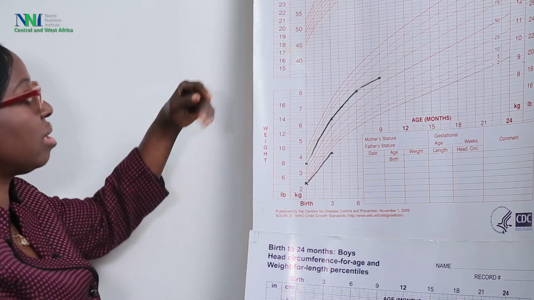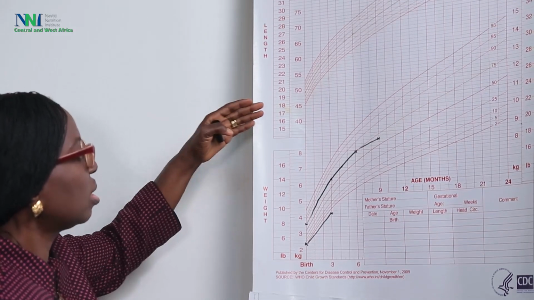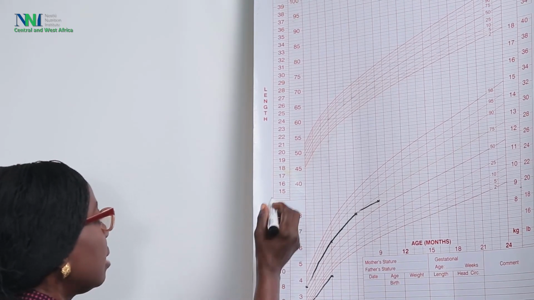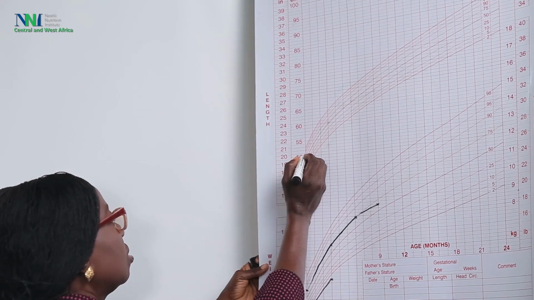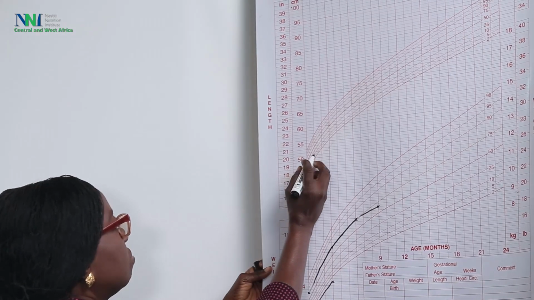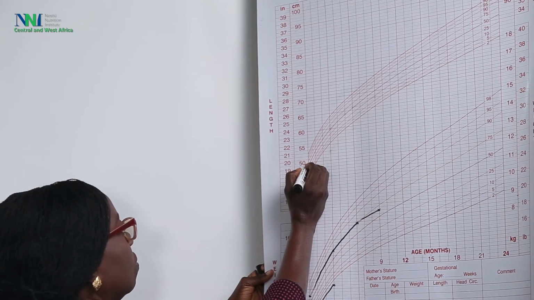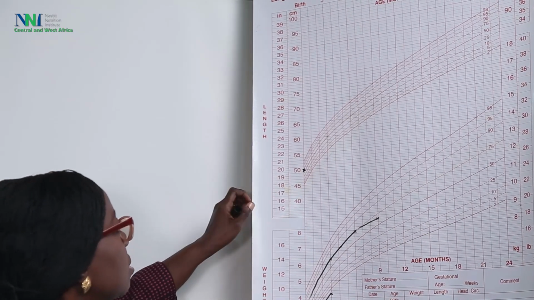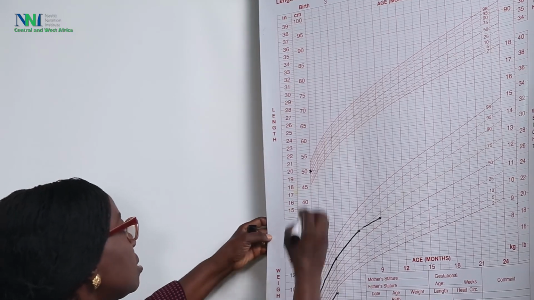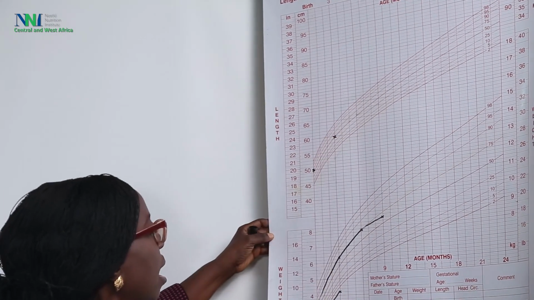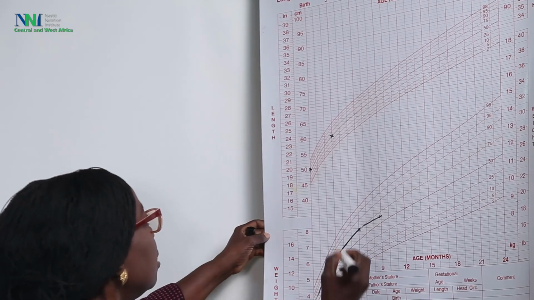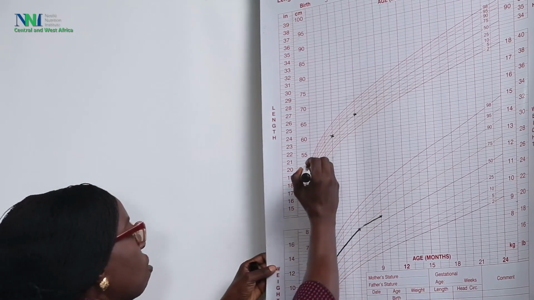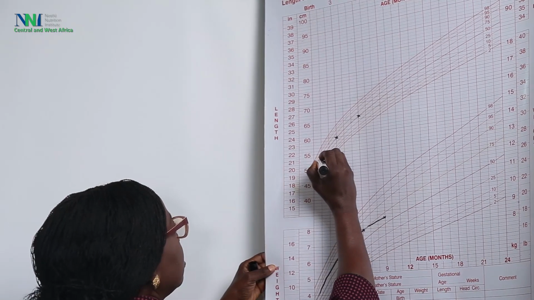Then talking about the length for age, we want to look at a scenario where this girl's length at birth is 50 centimeters. If by 3 months the length is now 60 centimeters, and by 6 months the length is 66 centimeters, this girl's curve will look like this.